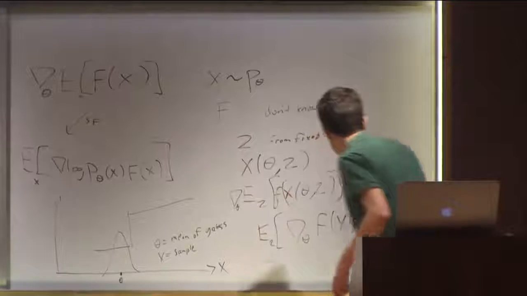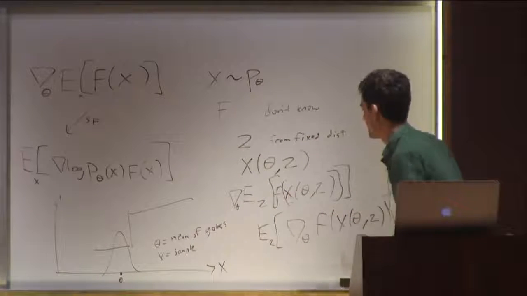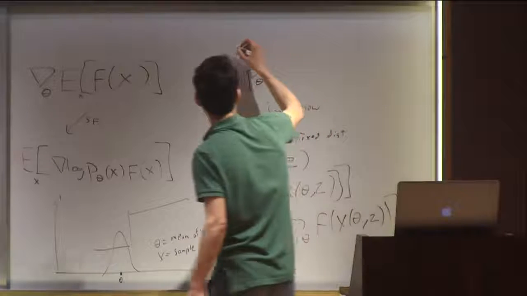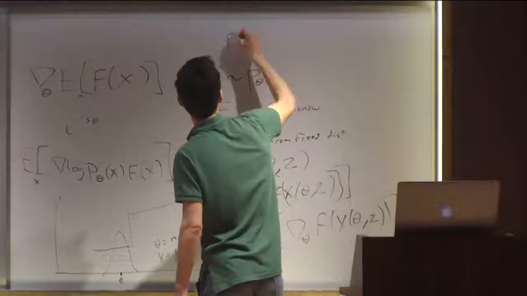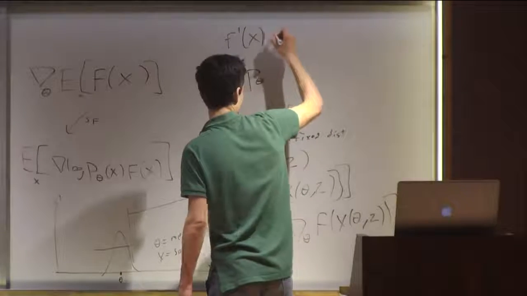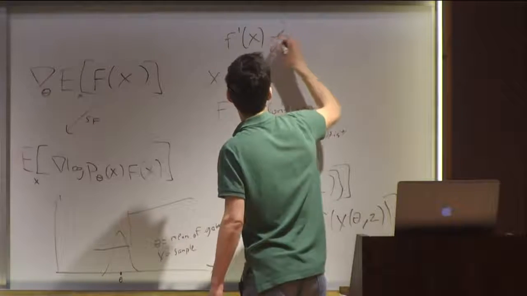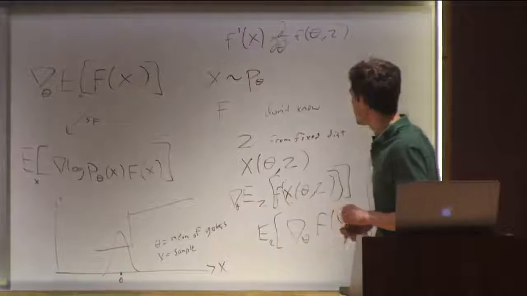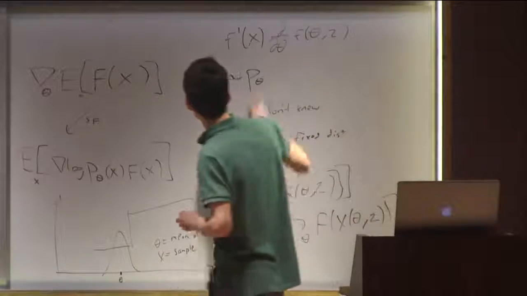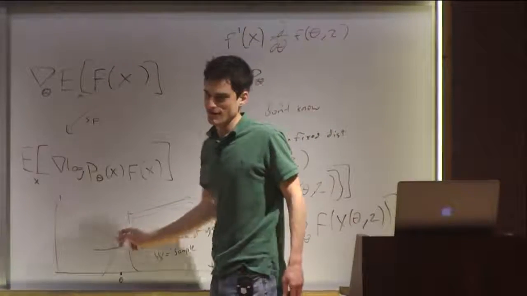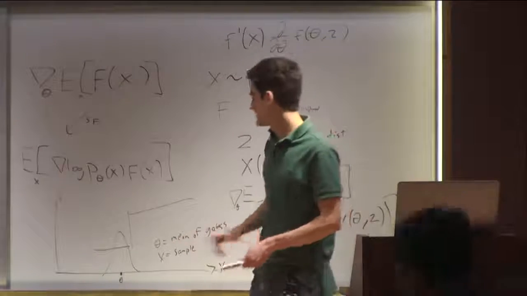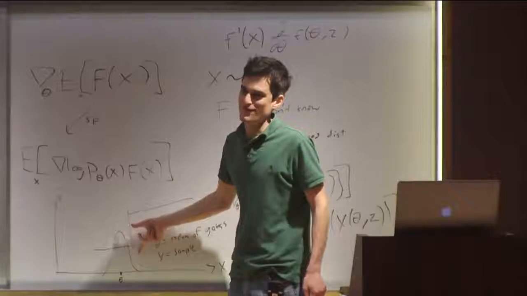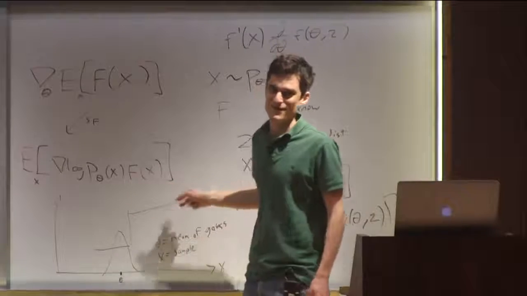So in our expression right here, we expand it out with the chain rule, so we get f prime of x times d by d theta of x(theta, z). But the problem is f prime of x is 0 everywhere for this step function, except it's a delta function at the point where it goes up.